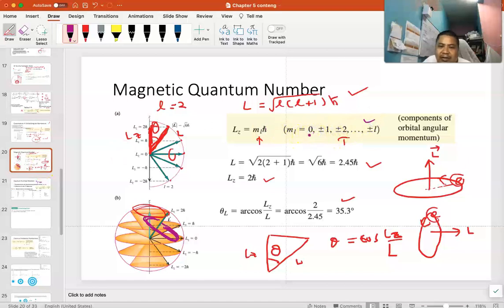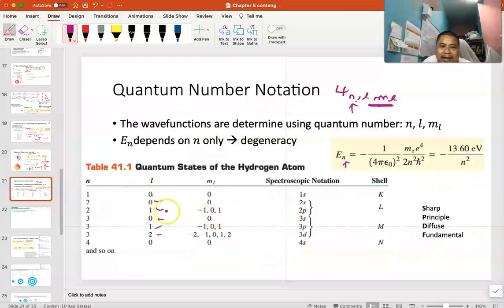Kalau L1, dia boleh jadi kosong, positif 1, negatif 1. So untuk state 1 kosong, ML dia kosong. Kalau L1, dia ada 3 states: positif 1, kosong, negatif 1. Yang ini mesti ada 5 state.